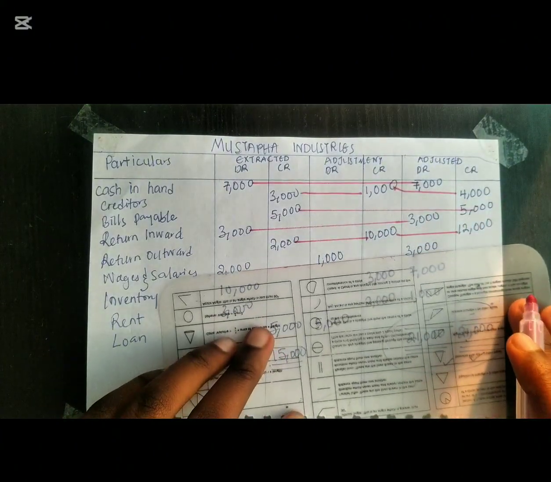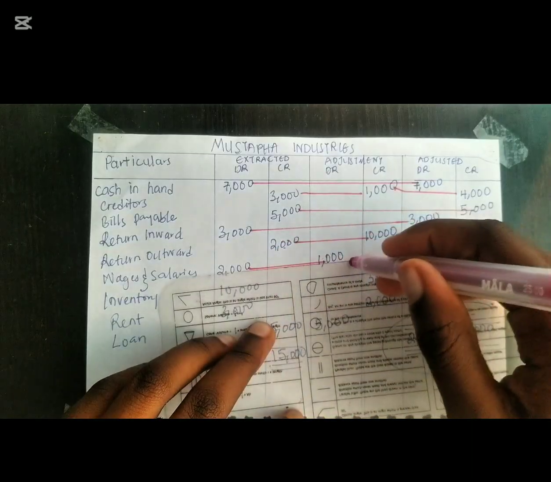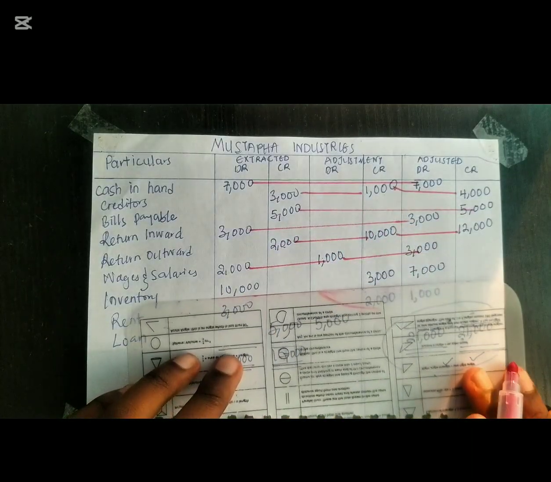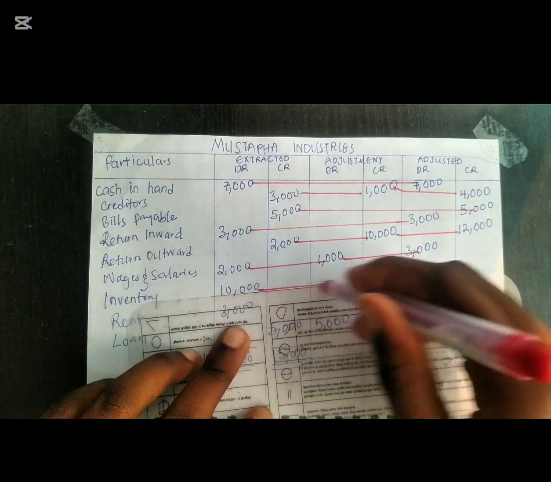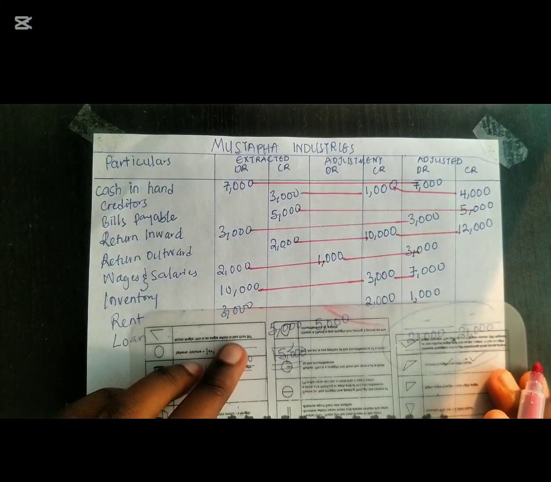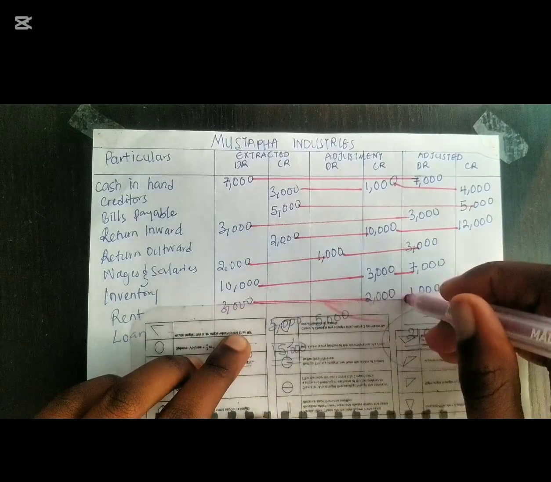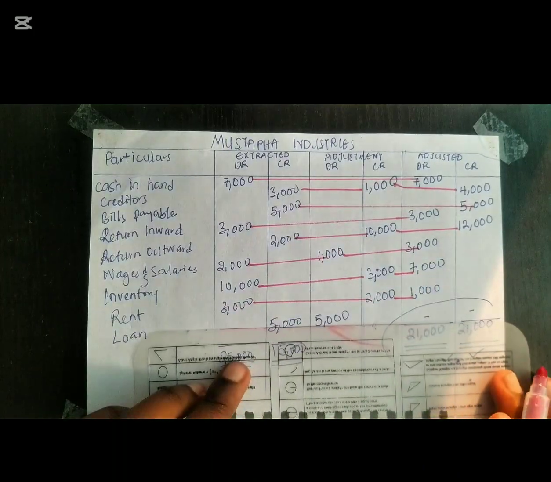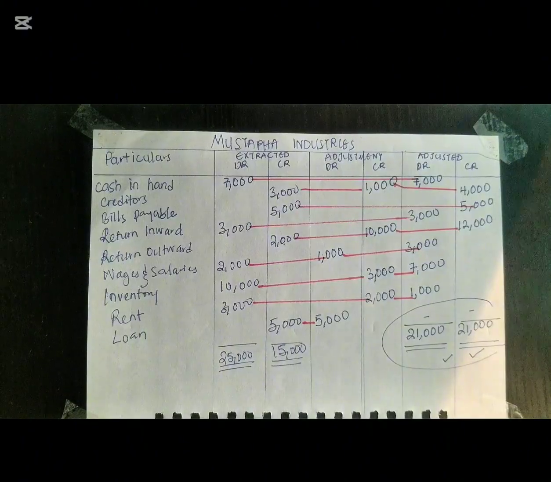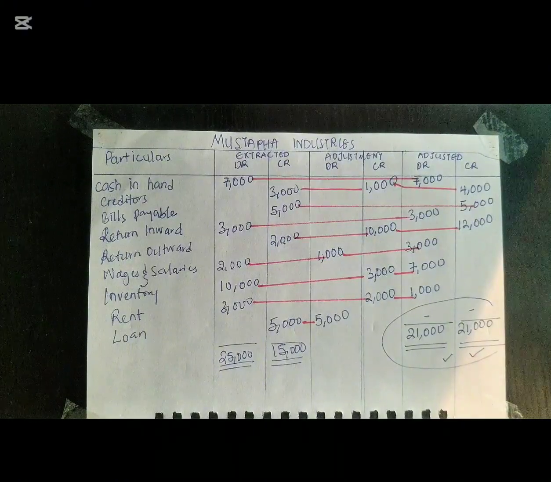Wages and salaries here. Inventory here. Rent here. Loan, this is it. So I just did it so that it will be a lot easier for us whenever you want to maybe screenshot it and see it.